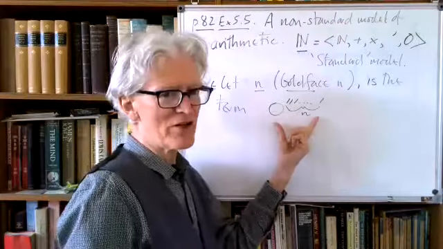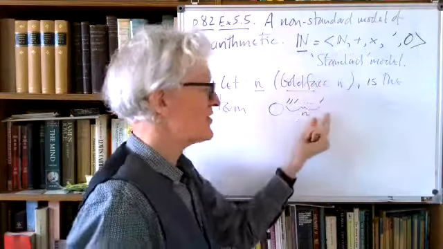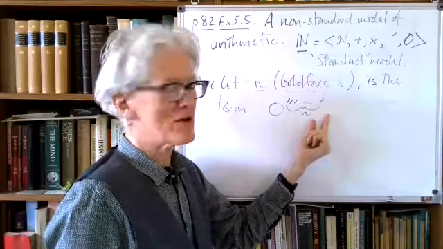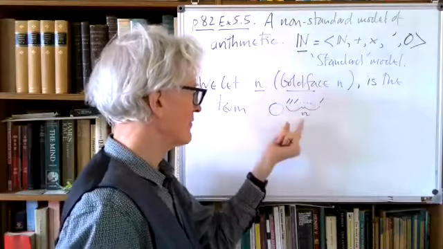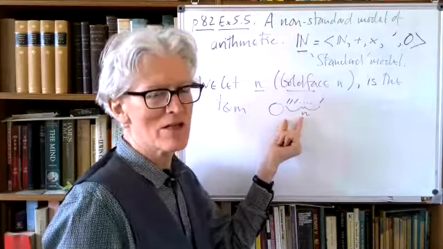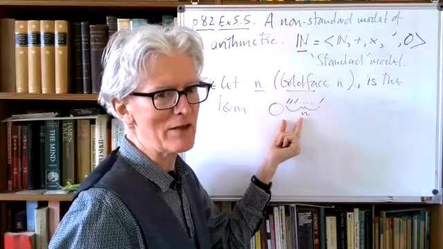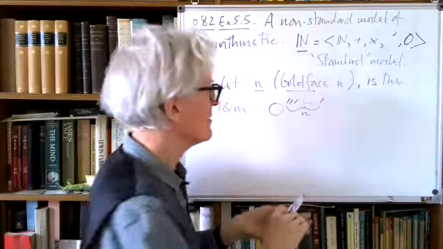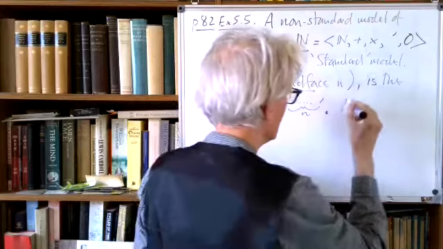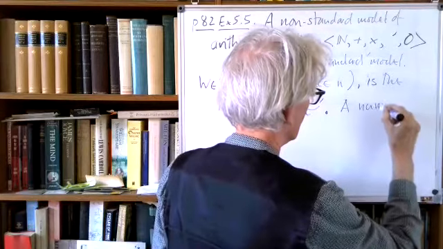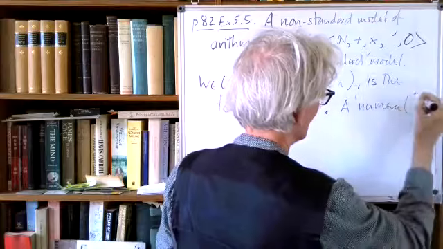So the interpretation of this in the standard model is just the number n. I can think of this as a numeral. It's a way of naming the number n. So it's a numeral for the number n.